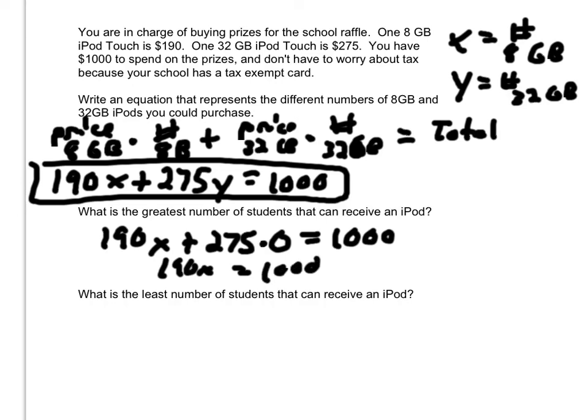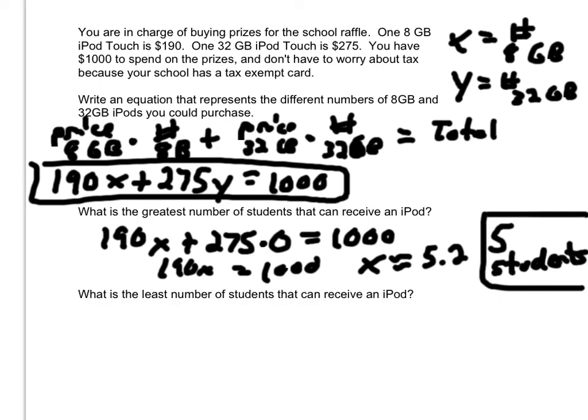And then we would take 1,000 divided by 190, and we would get x is equal to about 5.2. So the maximum number of iPods that we can get is 5. So 5 students would get an iPod maximum at $190 a piece. If we got 6, that would be too much.